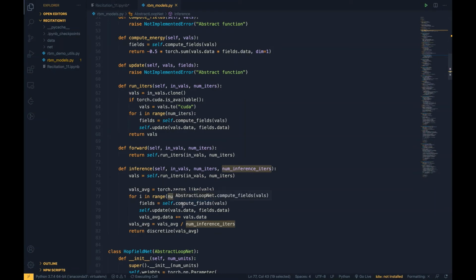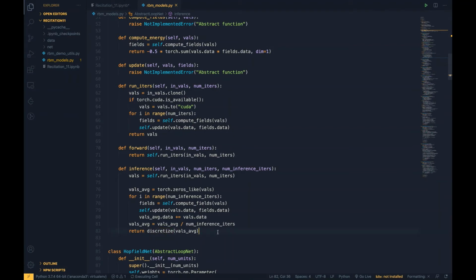It computes the fields and updates the values, and it adds the values to this container, and then this container is divided by the number of inference iterations, so it becomes an average, and we return the discretized value of the averaged values.